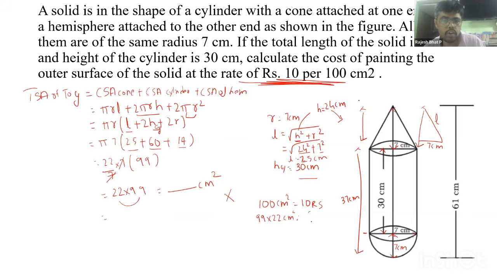Just cross multiply: for 100 centimeter square it is 10 rupees. Therefore, 99 into 22 into 10 divided by 100. The zeros cancel, so 99 into 22 by 10.